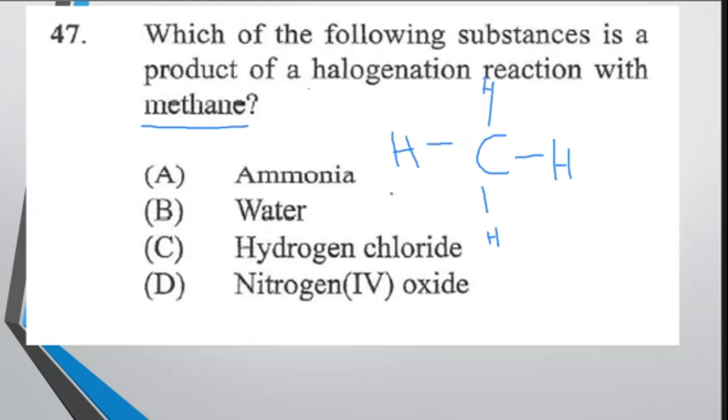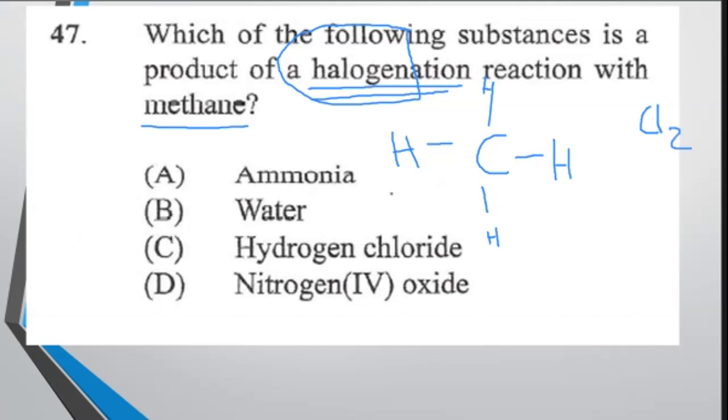They say which of the following substances is a product of a halogenation reaction. If you look at the word halogenation, you have halogen, so it's reacting with halogens, right? Halogens are chlorine, bromine, and iodine. So if I had chlorine reacting with this, it would be Cl2.